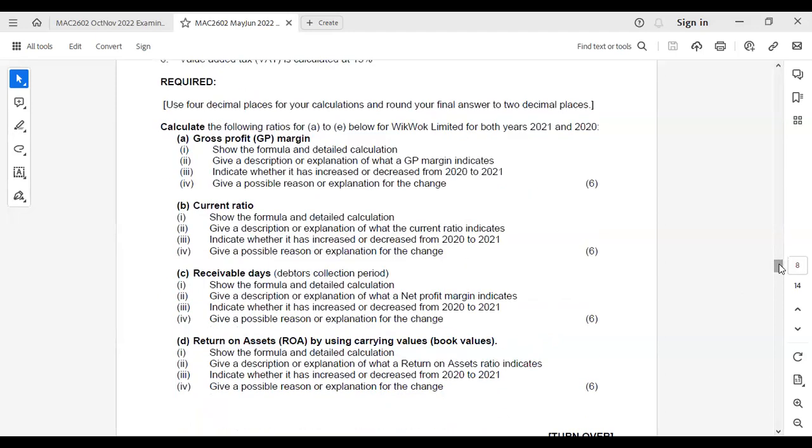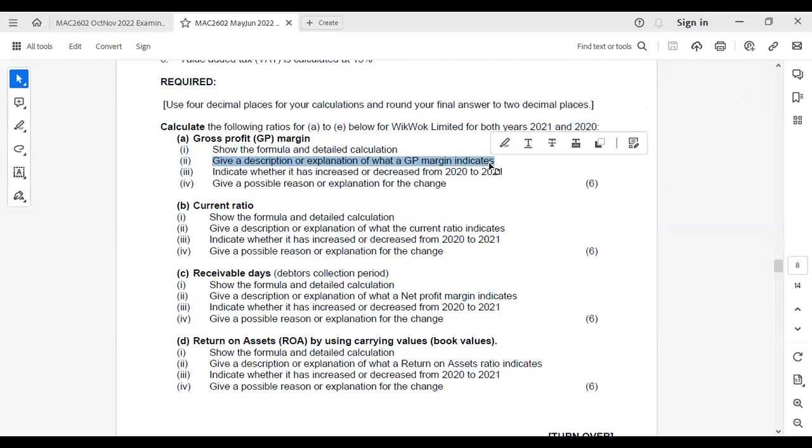Now, on our question, calculate the following ratios from A to E for Wickwalk Limited for both years 2021 and 2020. We've got gross profit margin. They want 4 things. You have to show the formula and detailed calculation, for both 2021 and 2020. Then give a description of what it indicates, that is, what is the gross profit margin we're talking about.